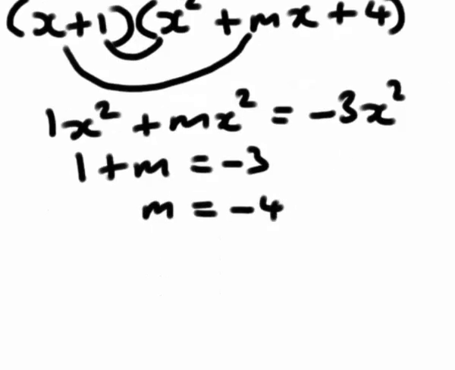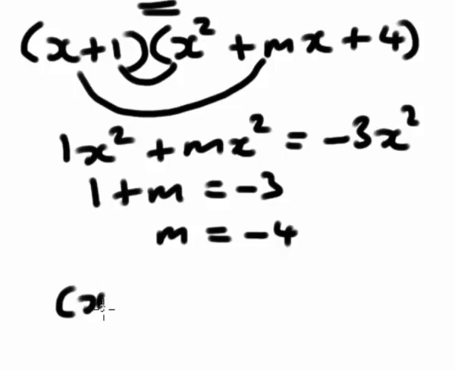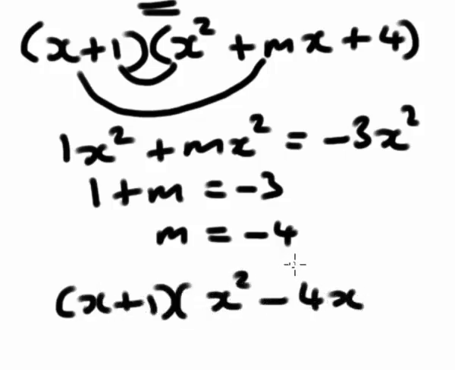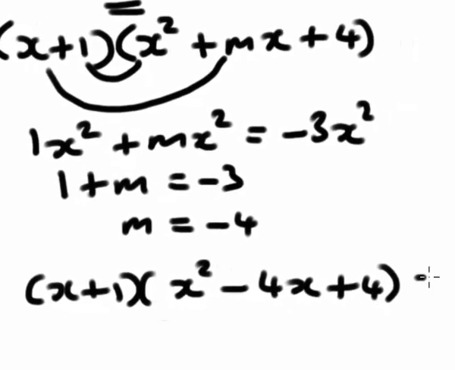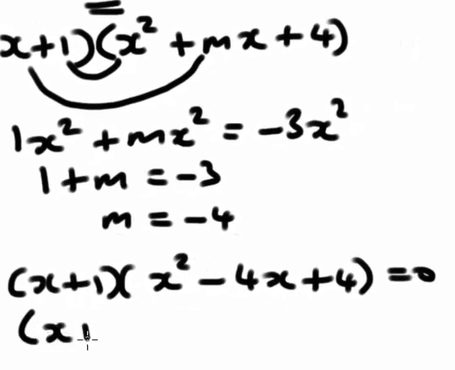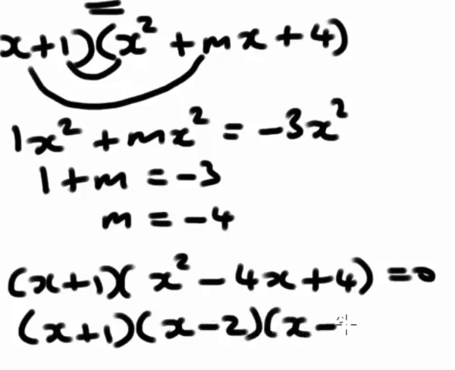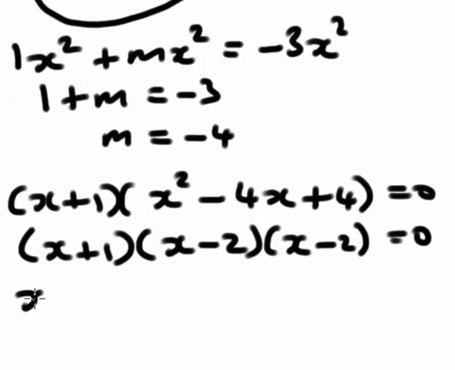So we can then proceed to say, (x plus 1)(x squared minus 4x plus 4) is equal to 0. And then we factorize further. That gives us (x minus 2)(x minus 2). Wow, repeated x-intercepts there. Very interesting. So we've got x is equal to negative 1 or x is equal to 2.